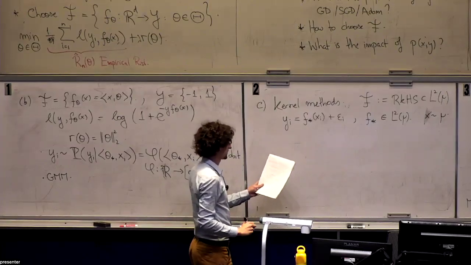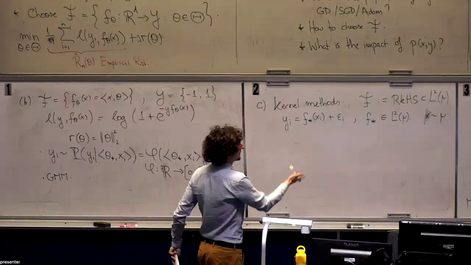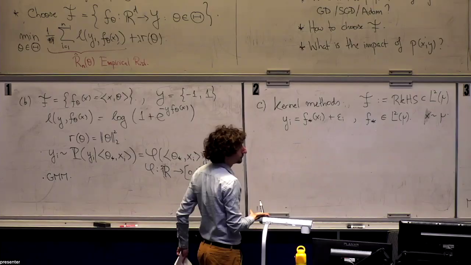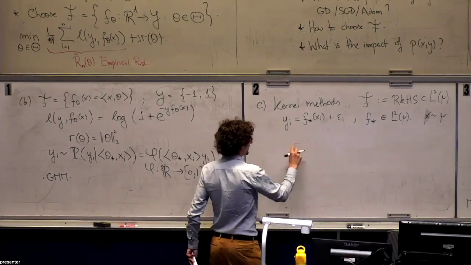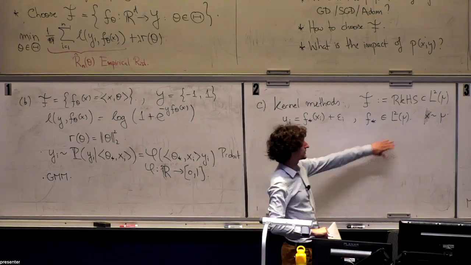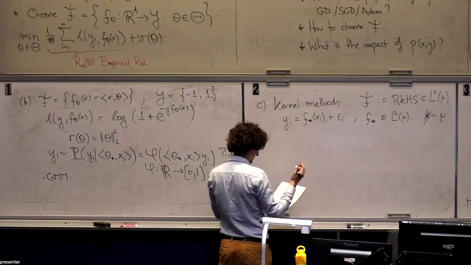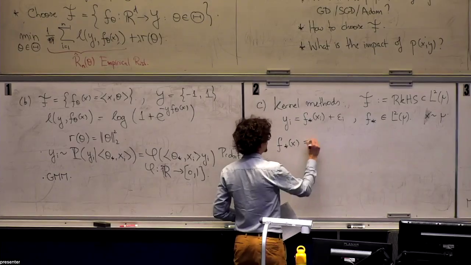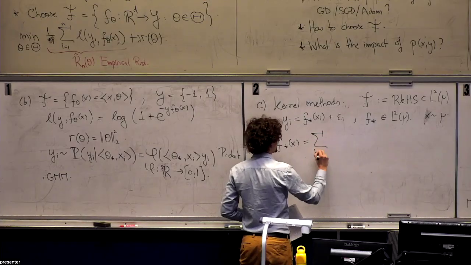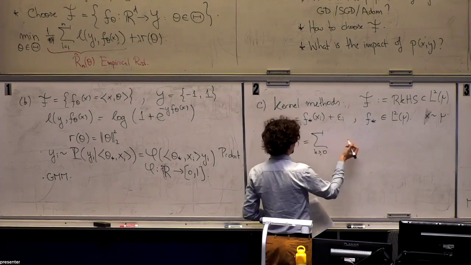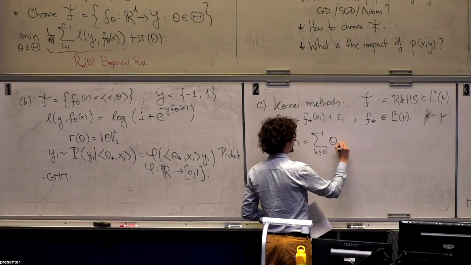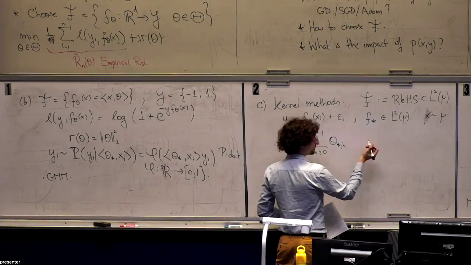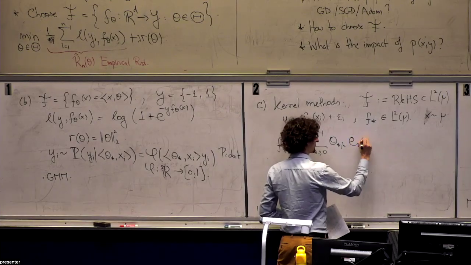And why I claim that studying this model is essentially similar to studying ridge regression is because you can consider a basis of L2. So you can expand your f star to be just a countable sum of coefficients, which I'm going to on purpose call theta star, times a basis.